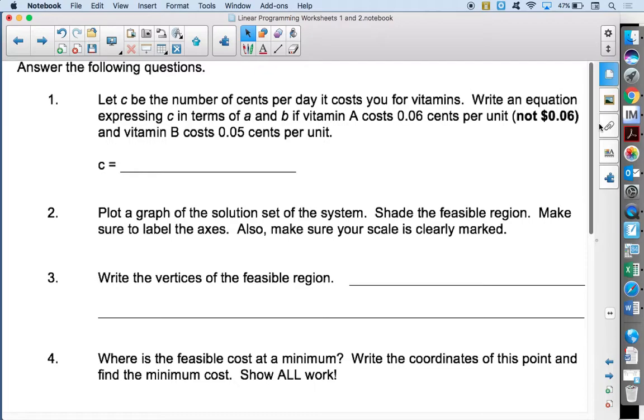The objective function can be found or created with the fact that vitamin A costs 0.06 cents. That's not 6 cents. It's 0.06 of a penny. And then vitamin B would be 0.05 cents per unit. So what number is that actually? So what is 0.06 cents? So smaller than a penny.